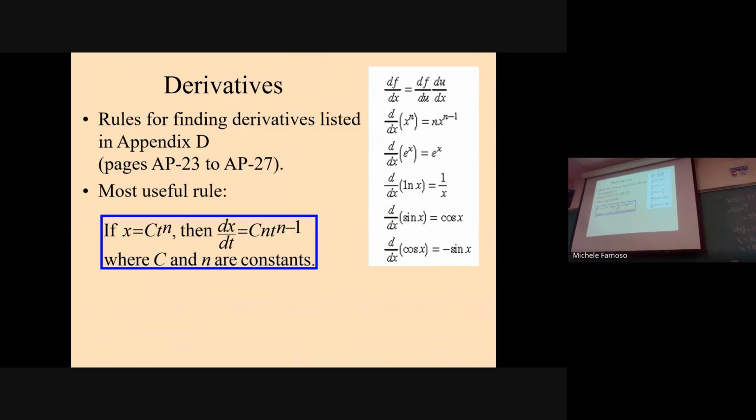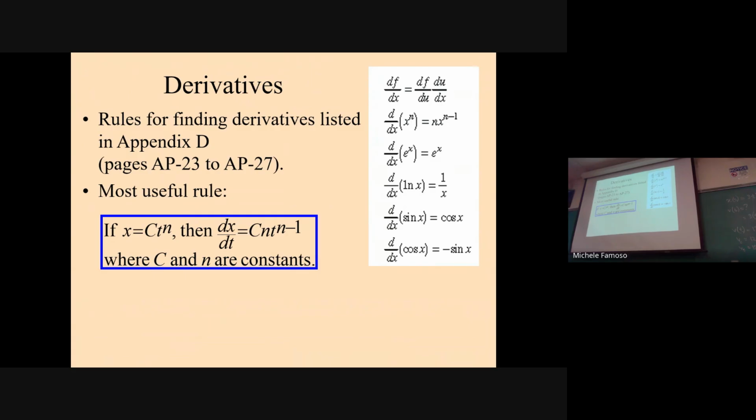But you have to know, first of all, that to get your velocity, you must do the derivative of that expression. And then if I want to know it at a time, I just plug that time value into that new expression we just came up with. Make sense? Okay, any questions on how to do that derivative? That's as complicated as the derivatives are going to get right now.